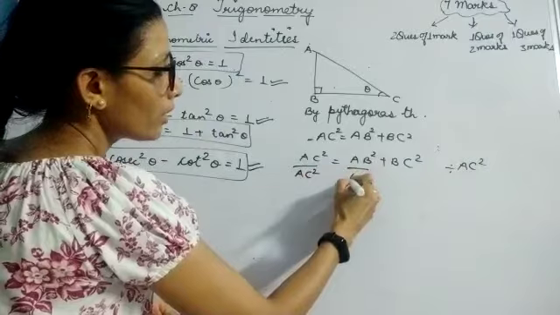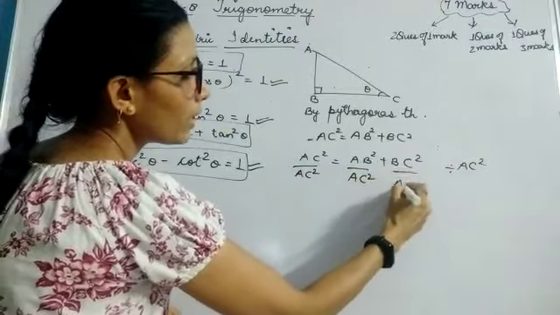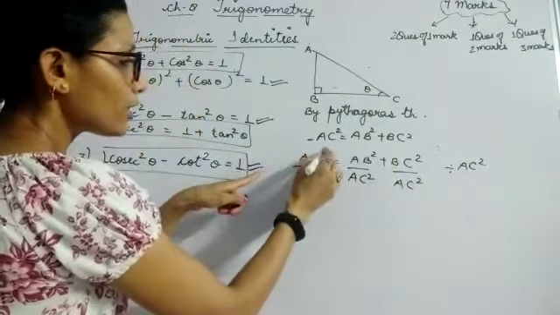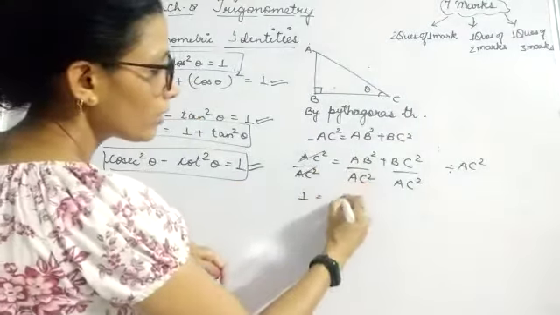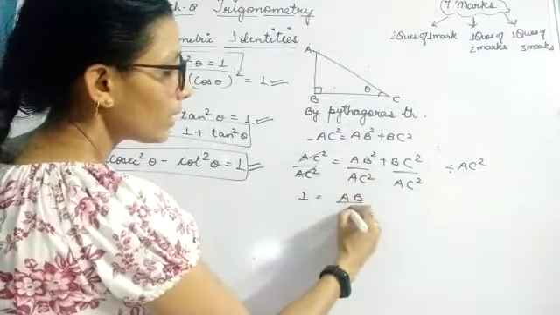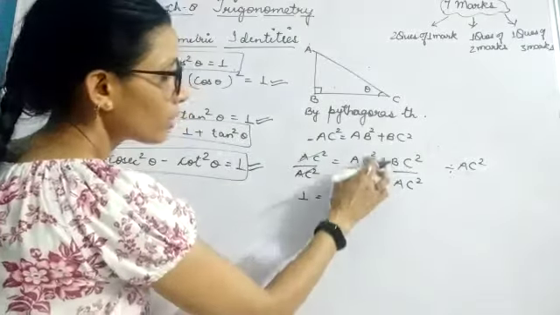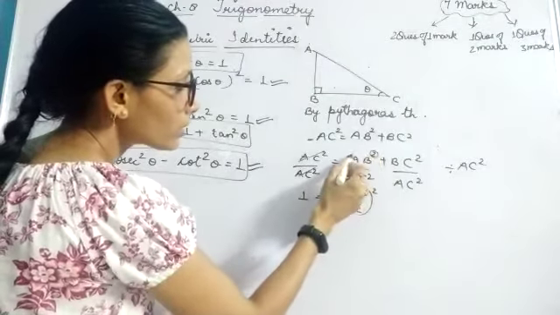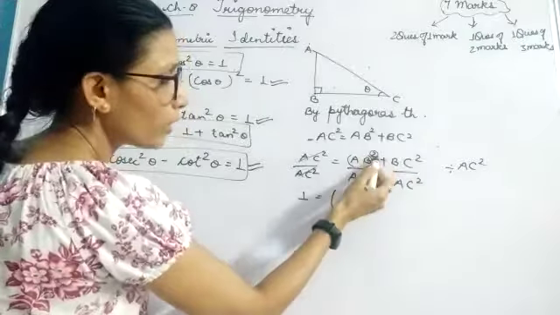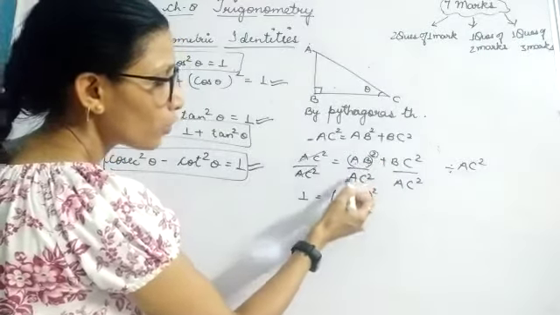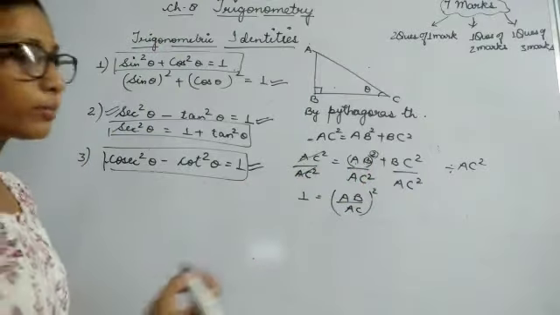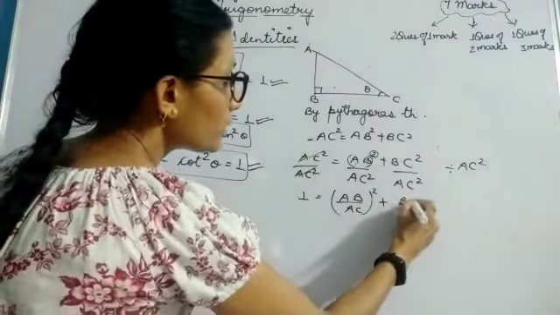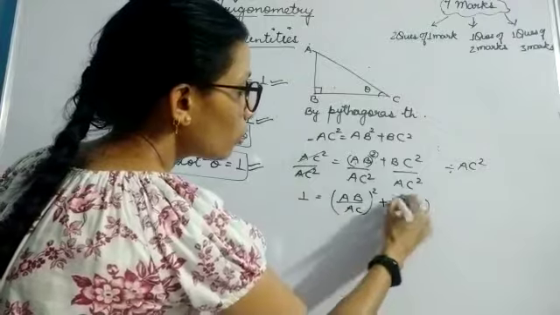AC square by AC square, so this is equal to 1. Now this can be written as AB by AC whole square, because this is the square of side AB and this is the square of side AC, so the square can be written as common. This will be your BC by AC whole square.